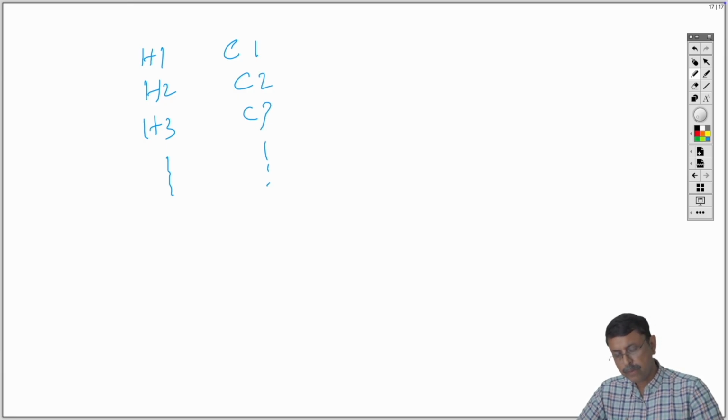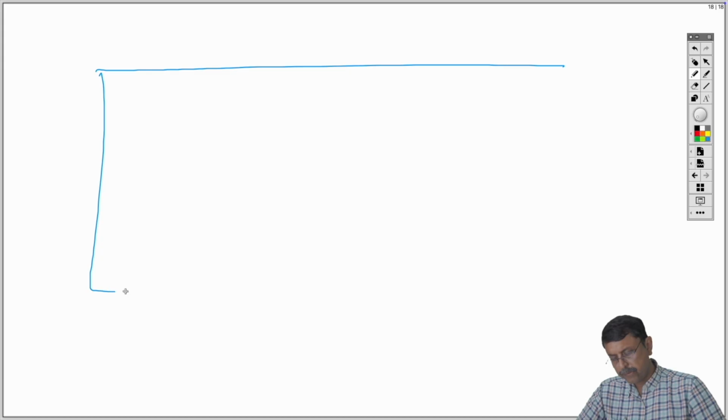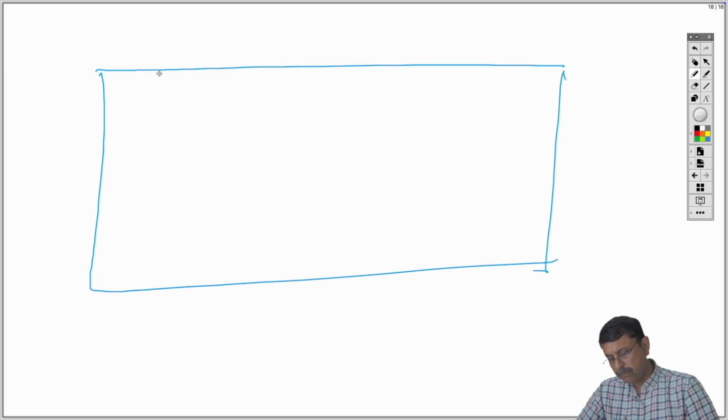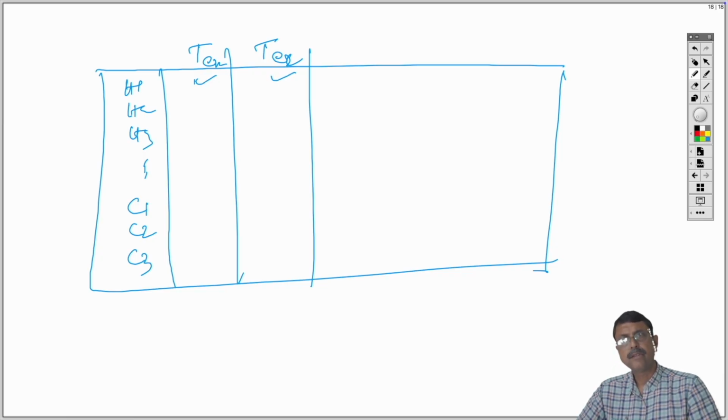So what you can do, you can create a table of this nature. Okay, so here you will find the H1, H2, H3 and so on, C1, C2, C3, and here you will find the temperatures of entry and exit. So entry and exit temperature. So hot stream, obviously it will be higher, entry will be higher and exit will be lower.